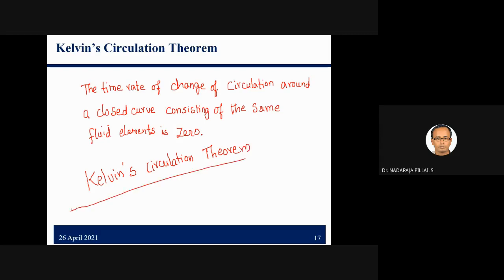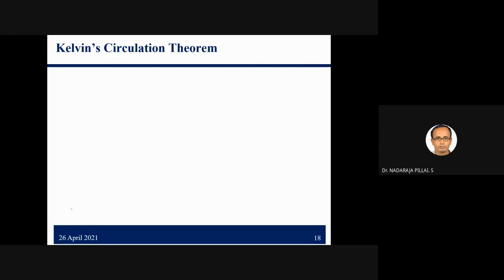So please note it, and it will be very much useful when we do some starting vortices that we will have a discussion now, right? So let us consider an airfoil, right? So we will have an airfoil. Here you have a velocity v infinity.